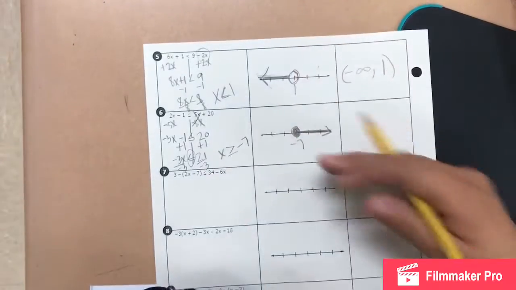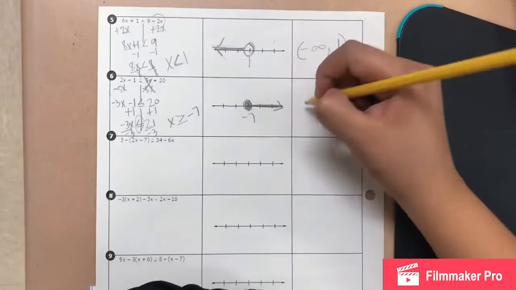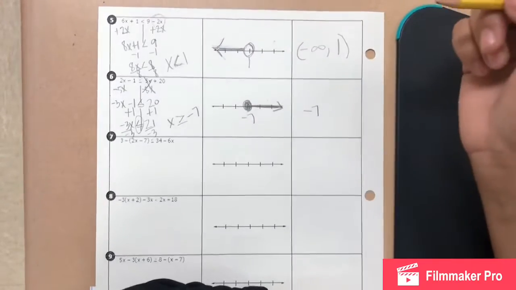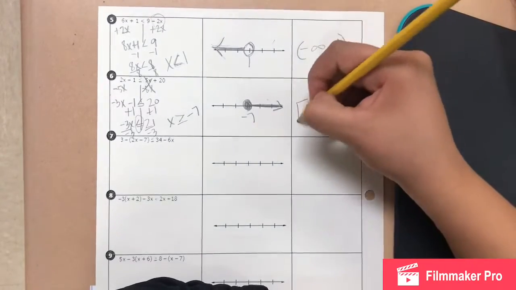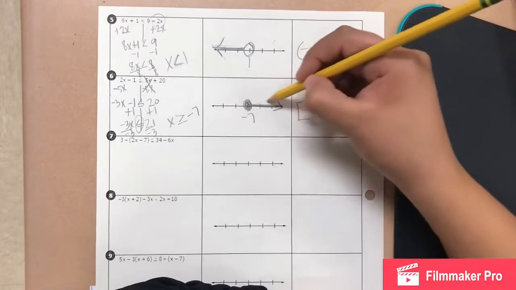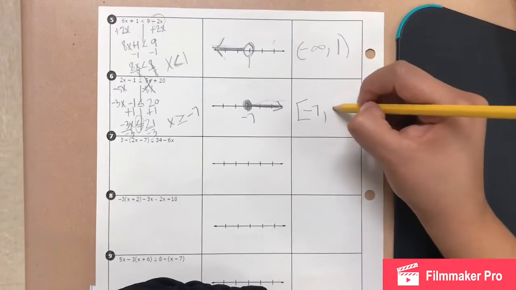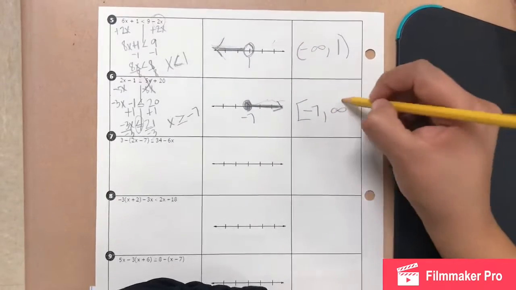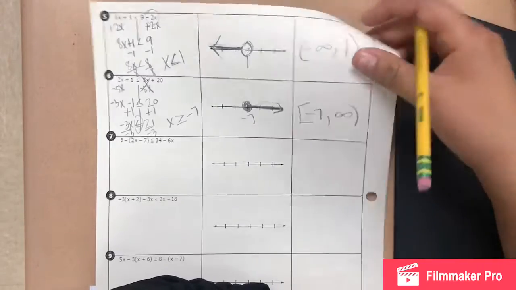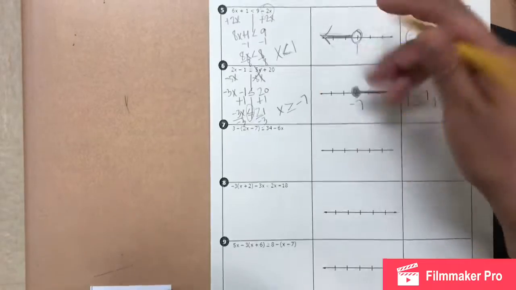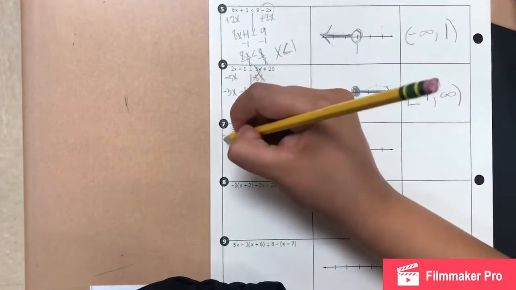If I read it from left to right, it starts on negative 7. It is a closed circle, so that means included, which means I do a bracket. It goes on forever and ever to the right, so that means positive infinity, and it's parentheses because you can't close off forever.